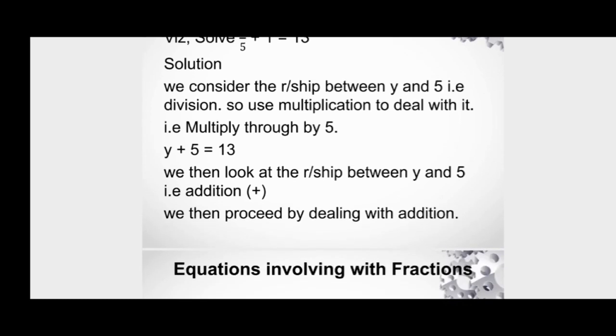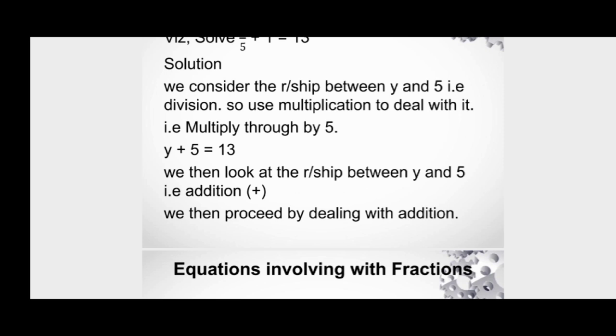Then we look at the relationship between y and 5, which is addition. We proceed by dealing with this 5 close to y, using the other method of dealing with addition.